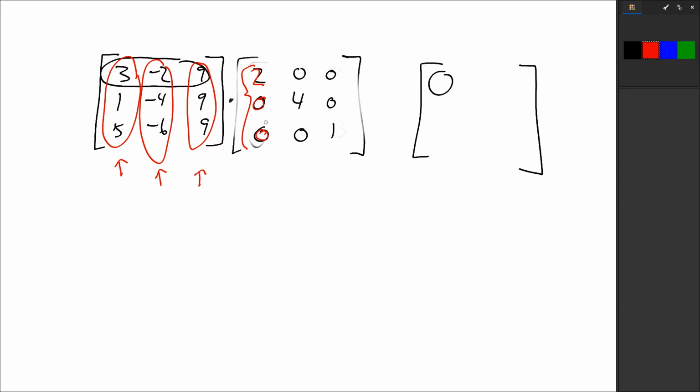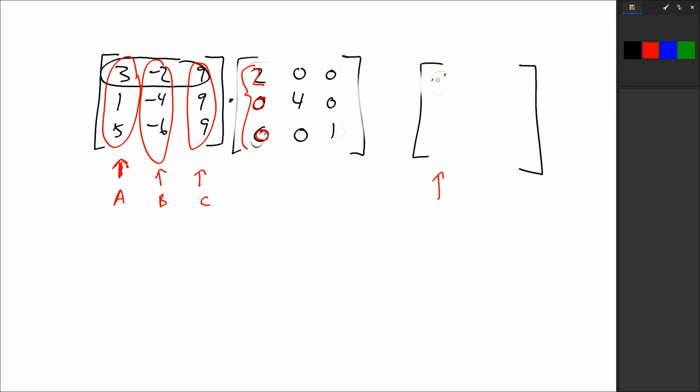No matter what entries are in here. And if 2 of these entries are 0, well then, wow, that's actually really easy, right? Because all it is is double that guy. We're saying that what we want in our left column of the answer is 2 of the A column, none of the B column, none of the C column.